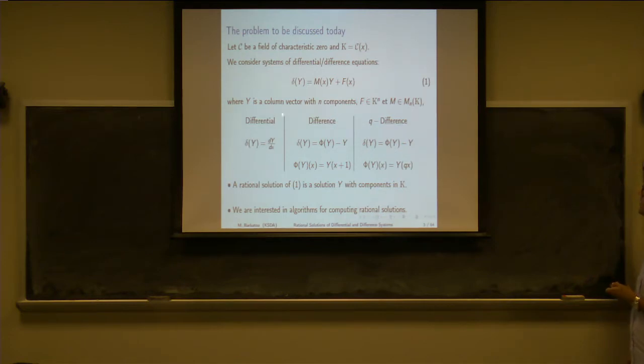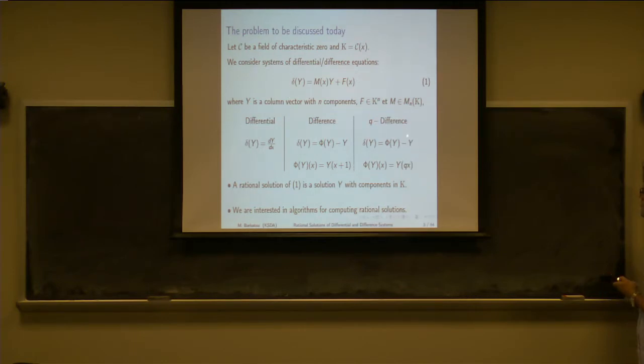In the differential case, delta is just a derivation. Think of K as rational functions over some field C of characteristic 0. In the difference case, delta is phi minus identity, where phi is, for example, the shift operator. So they act, of course, component-wise.